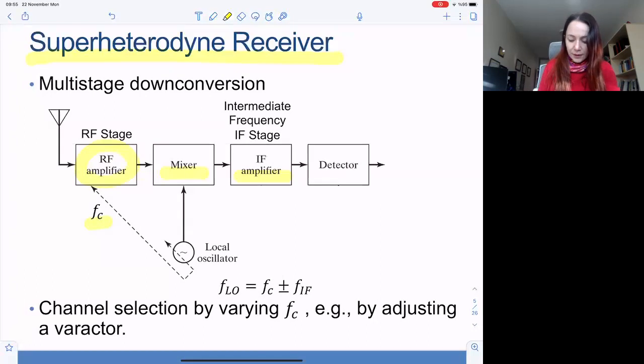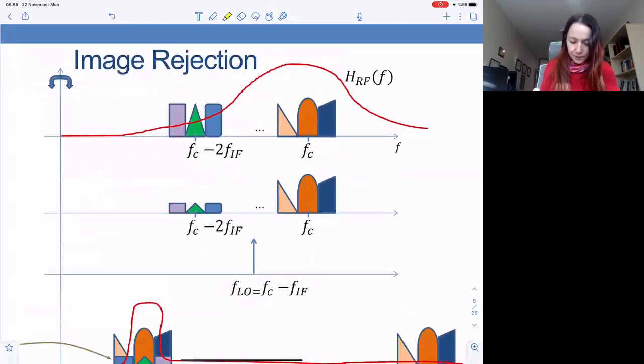Okay, and then this is passed into the demodulator. So the local oscillator should be at FC plus or minus FIF. You can use a local oscillator to select a channel. If this is a radio receiver, you select the radio channel this way.